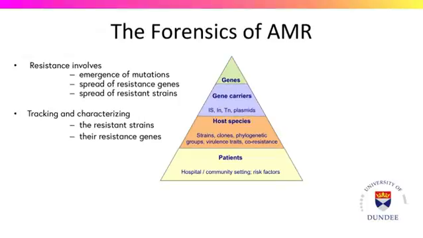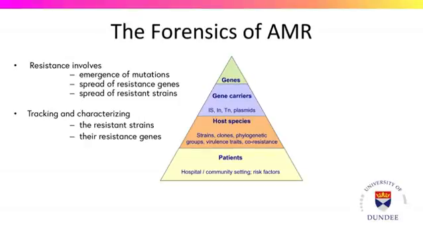And so clinical microbiologists, reference laboratories, are interested in characterising and tracking these strains and the genes that make them resistant to antibiotics. At the peak of the pyramid, you have the resistance genes that encode the enzymes.